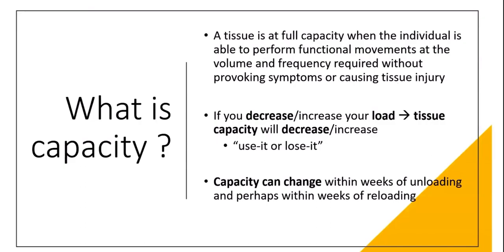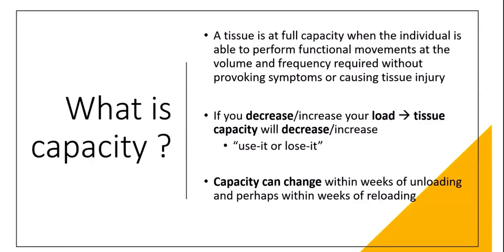And that brings us to the capacity of the tendon. And what is the capacity? Well, a tissue is at full capacity when the individual is able to perform functional movements at the volume and the frequency required without provoking symptoms or causing tissue injury. Important for us to realize is the following aspect.